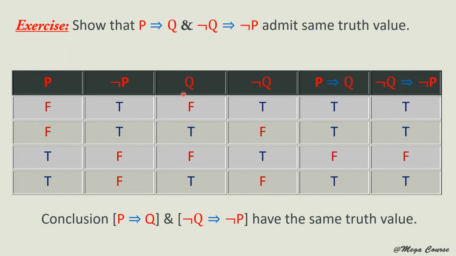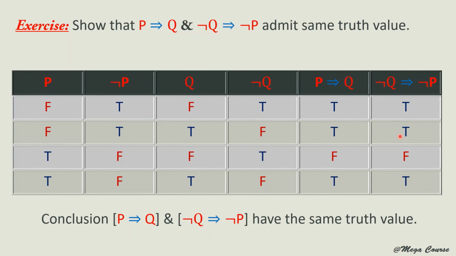When the negation of Q is true and the negation of P is true, both of them are true. True implies true, then this statement is true. When not Q is false and not P is true, we have false implies true, which is true.